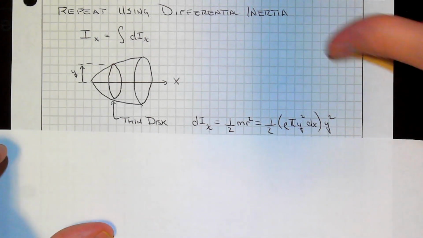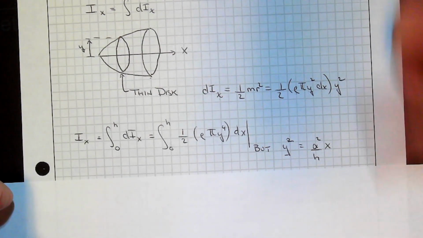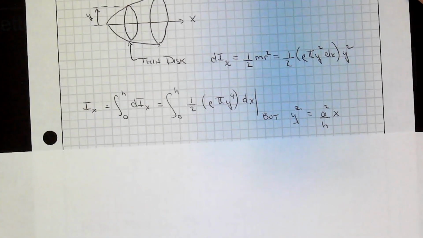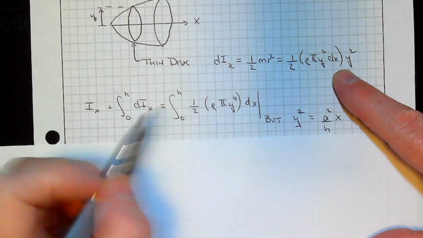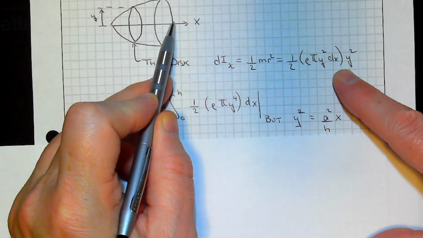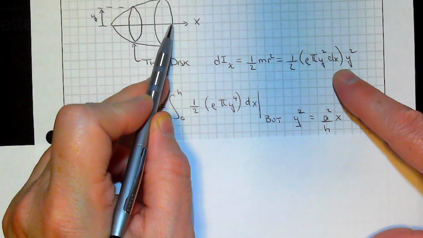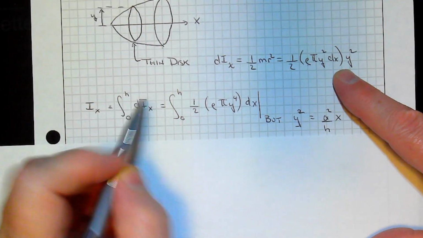All right, so these y's we've got to put in terms of x. Well, that's really easily done because, remember, here we have, I'm going to integrate this where x goes from 0 to h. Okay, remember that was the whole length of that, h there. So I'm going to go 0 to h with my dIx.